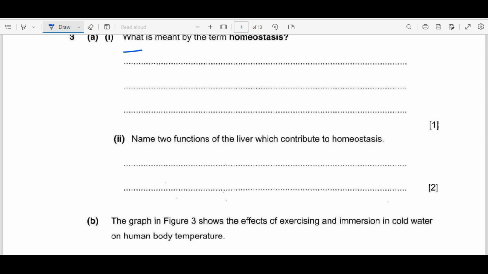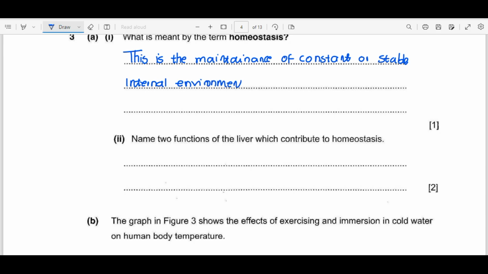So say this is the maintenance of constant or stable internal environment of an organism.